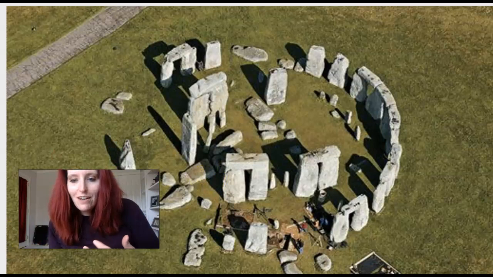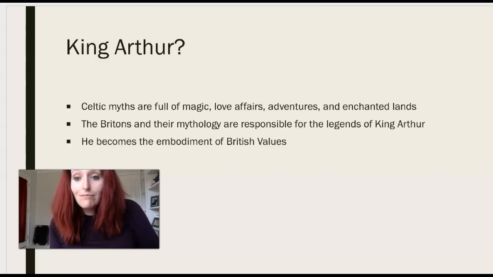Another British tradition that has its roots in Celtic Britain pagan tradition is the myth or the legend of King Arthur. And I talked briefly about the legend of Arthur and the influence of Arthur in the themes for the unit, and we're going to talk about that a lot next week. But King Arthur is a byproduct of this pagan folklore.